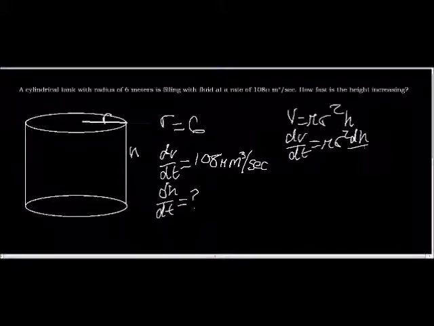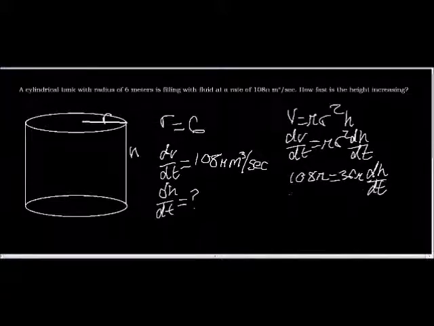Then you plug in what you know, so you get 108 pi equals 36 pi, since r is 6 squared is 36, times dh dt.